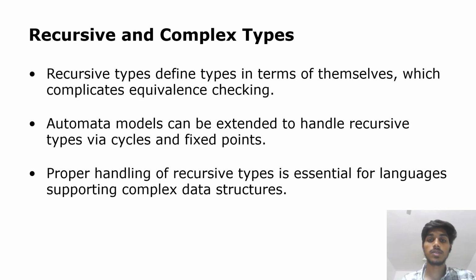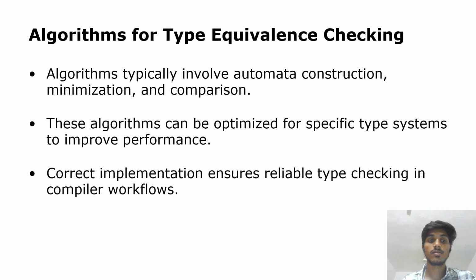Recursive and complex types. Recursive types define types in terms of themselves, which complicates equivalence checks. Automata models can be extended to handle recursive types, involving cycles and fixed points. Proper handling of recursive types is essential for languages supporting complex data structures.